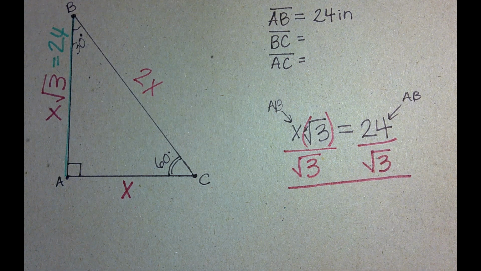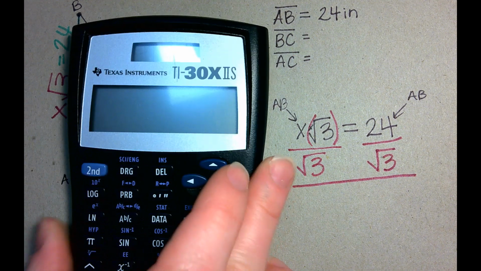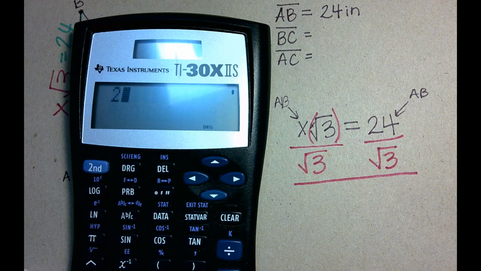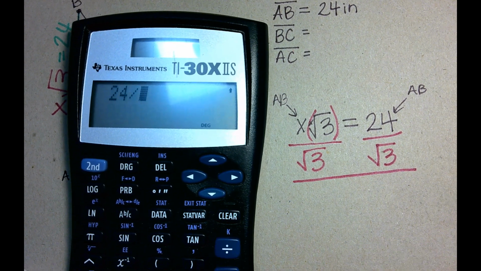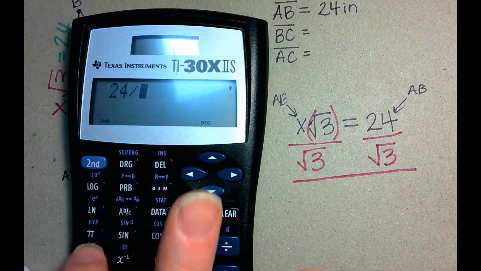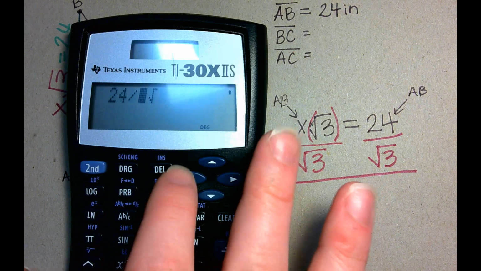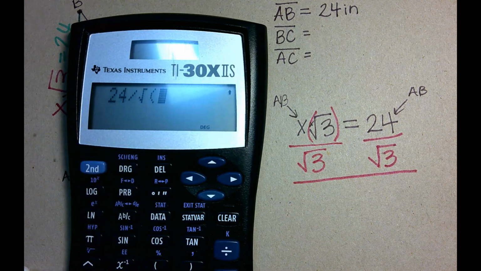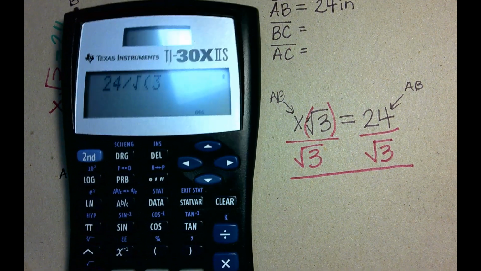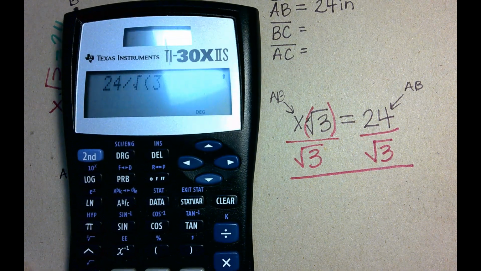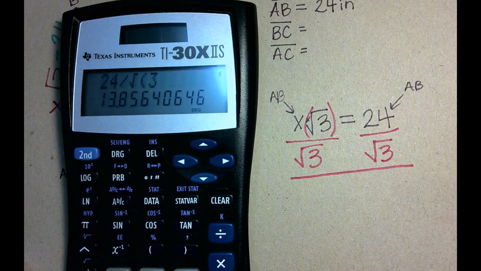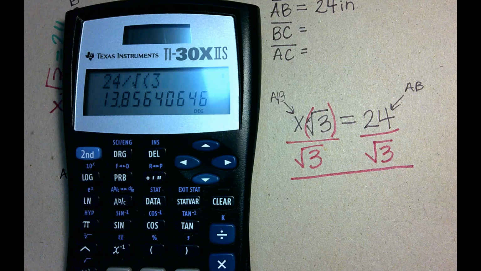And here's how we do that. I'm just going to type 24 divided by radical 3. See that? Enter. And there's my x.